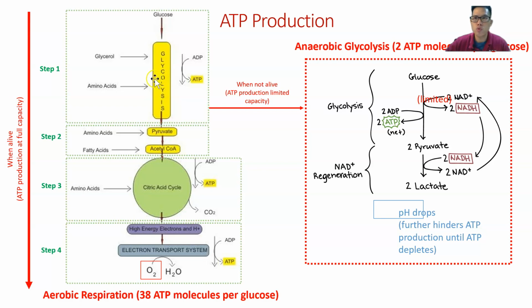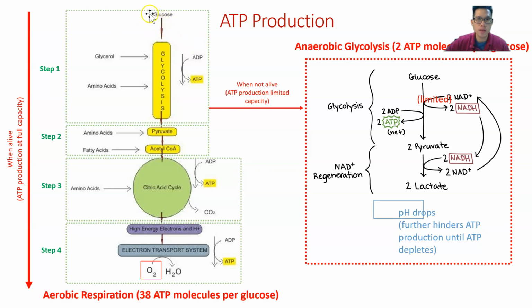ATP is also used for muscle contraction, to detach the myosin head from the myosin binding site on the actin. Without ATP, the myosin head will be bound to the actin continuously.